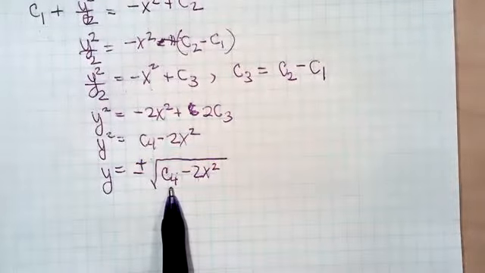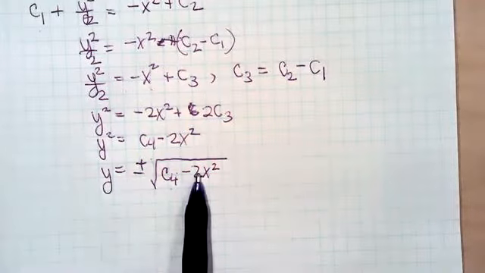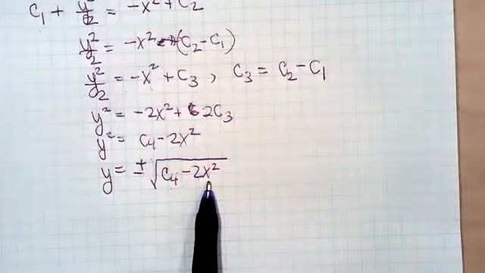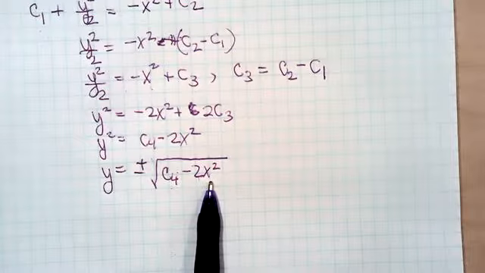So this C4 is going to have to be non-negative. But if it were strictly 0, this isn't a very interesting solution. It's the function that's equal to 0 when x is equal to 0 and is defined nowhere else, right? So it's a function whose graph is a single point in the plane.